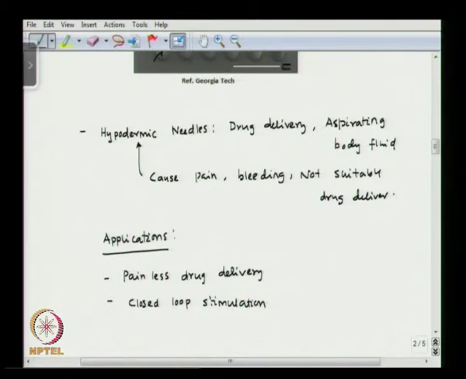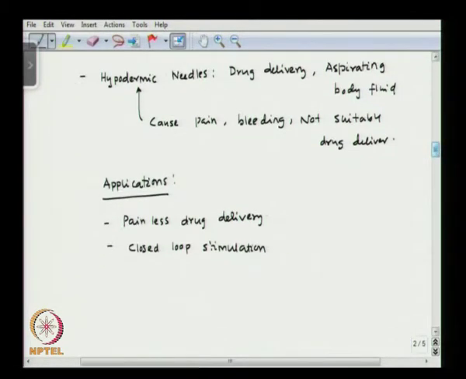Painless drug delivery is because of the size. Closed loop stimulation means, let us say we want to measure the reaction of a certain tissue: we subject the tissue to a certain chemical or certain force, and we want to see what its reaction is, then we can put in the microneedle and integrate it with a sensor to see the reaction of the tissue.